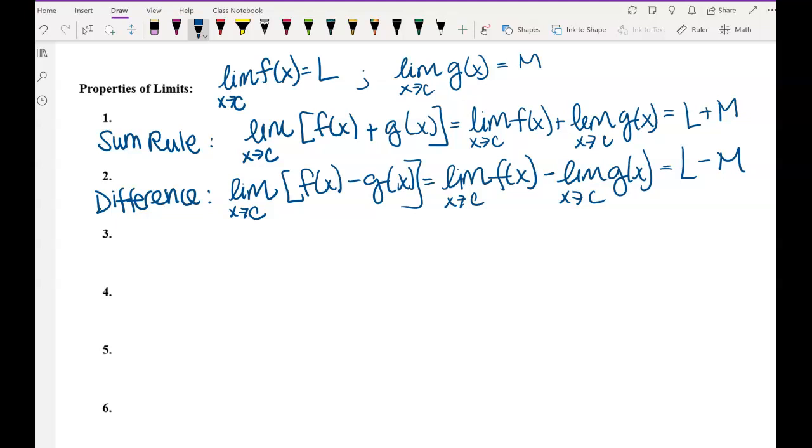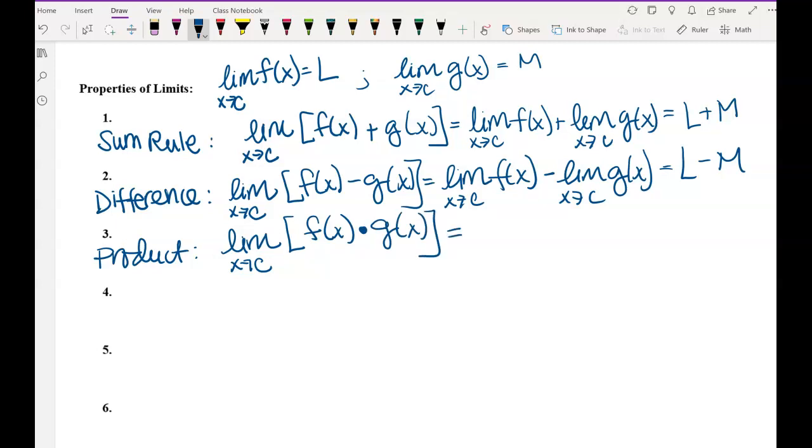Three, product, that means multiplication. And yes, it also works with the product. If we have the limit as x approaches c of f of x times g of x, then if that's too difficult, find the limit of one function first, whatever the answer is, then multiply that with the limit of g of x.